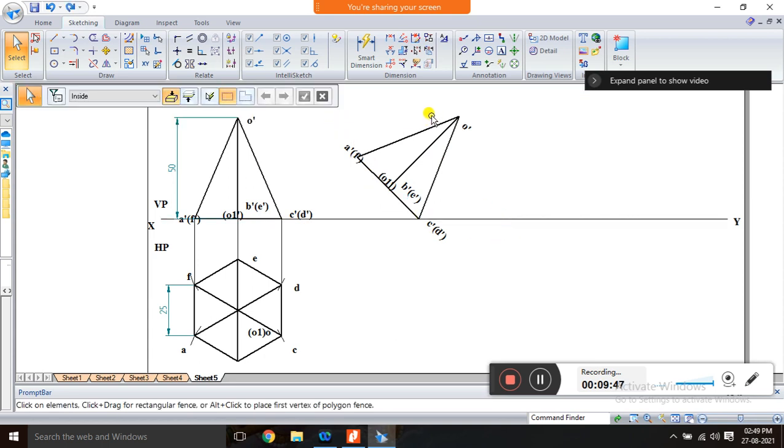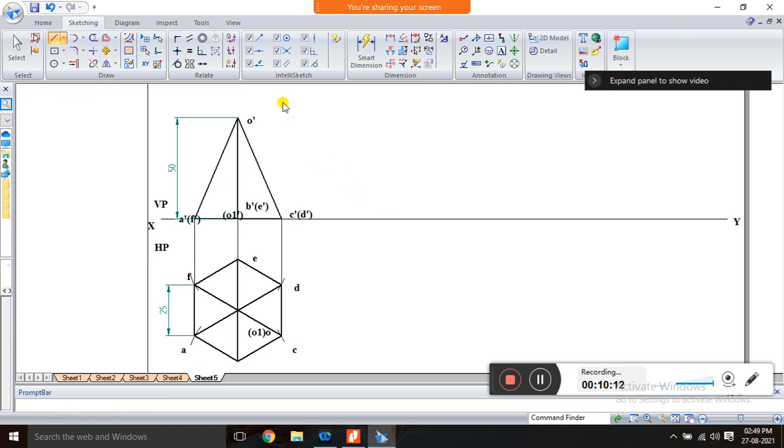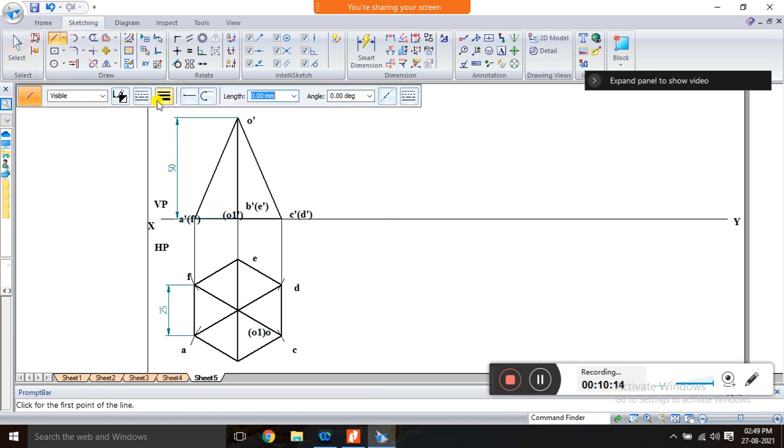So if you want to construct in a manual method, manual method means you have to measure all this with the help of your compass and scale. You have to reconstruct everything. So first, with the help of your scale, draw the line of 45 degree. Take the line, the angle is 45.